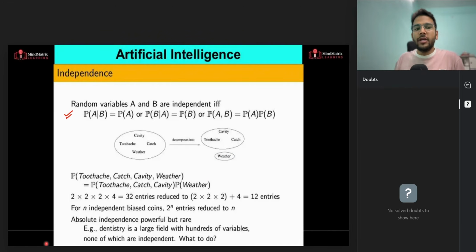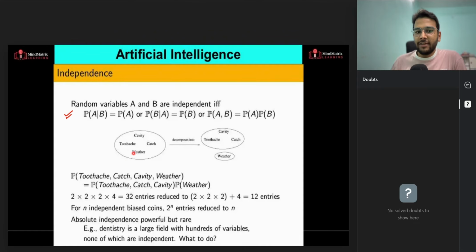Now let's say before decomposition, when I'm talking about this part, can you tell me how many entries would be there if I consider all these random variables in my joint probability distribution table? Anyone? 32.